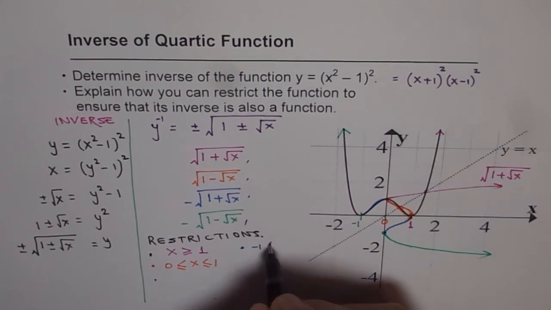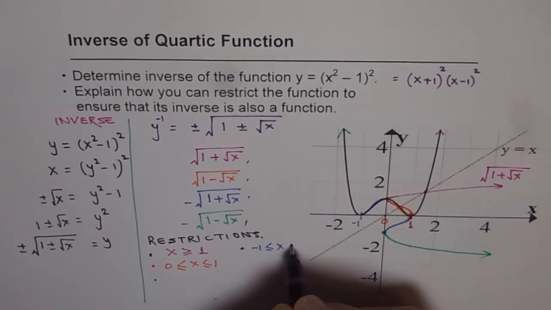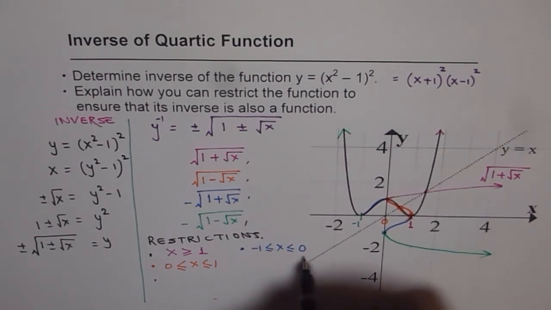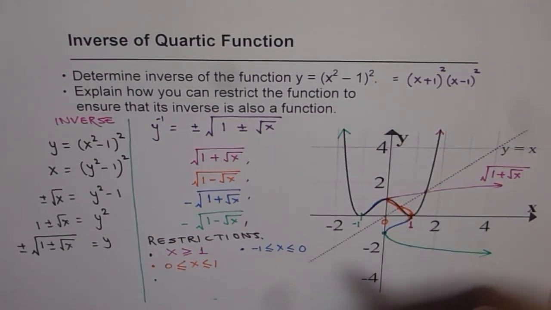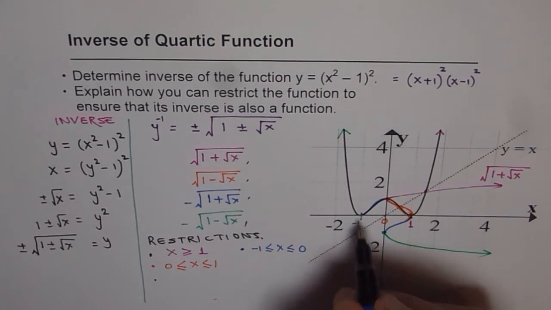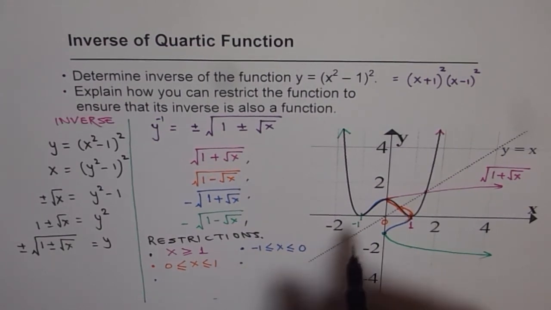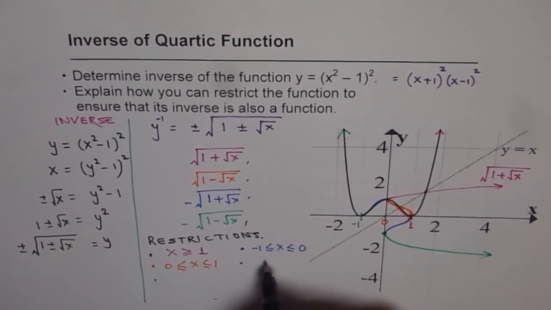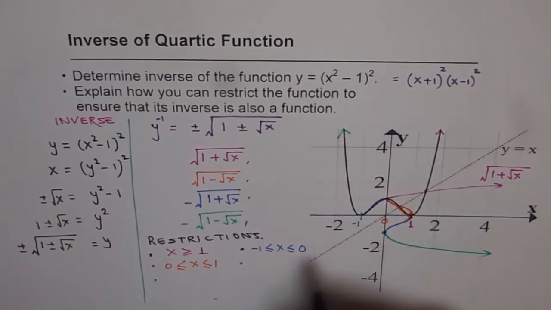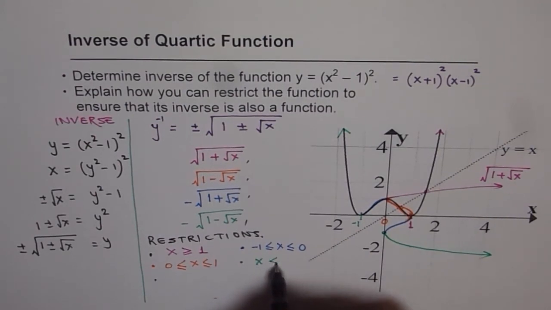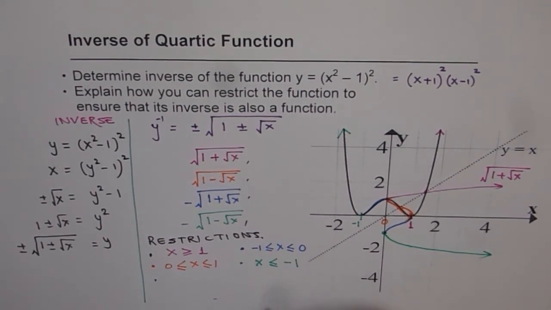That means x is greater than or equal to minus 1 and less than or equal to 0, right? You may or may not include these points, but there is no harm in including them. It's good to include them so that you have a reference point to start with. And the fourth restriction could be from minus infinity to minus 1. That means x is less than or equal to minus 1.